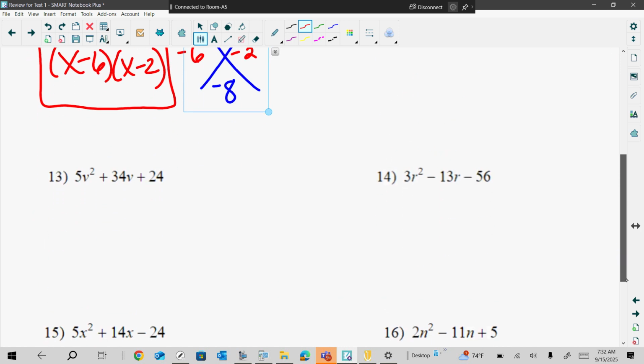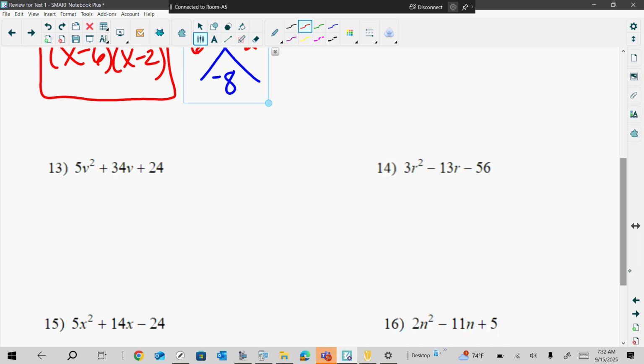Then when we get to 13, we want to check for GCF first. There is no GCF here. We have a 5, a 35, a 34, and a 24. So now what we have to do is we're going to have to slip, slide, oops, sorry. Still first GCF, always.